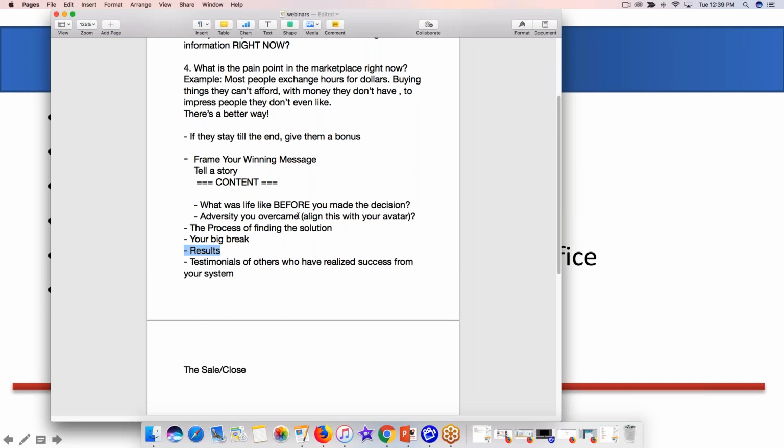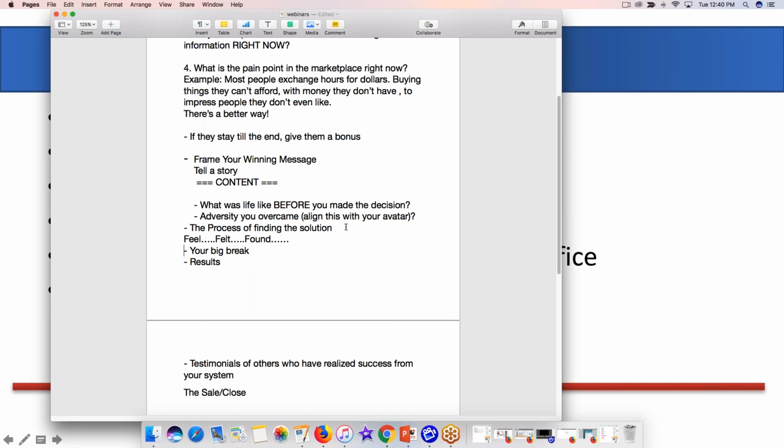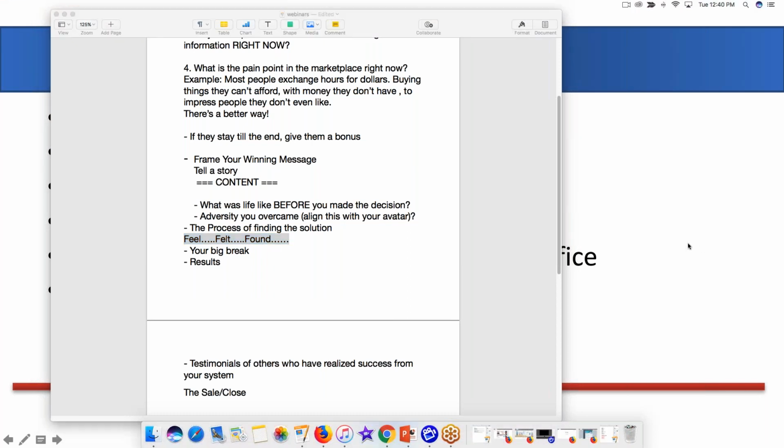If it's "you," you're going to find it's the whole feel, felt, found thing. What the feel, felt, found thing looks like is: I know how you feel. Others have felt the same way. What they found was going through this process. That's the feel, felt, found method. So you're putting them in the story, yet you are sharing your process. Does that make sense to Melissa? And I think we had a couple other questions as well.